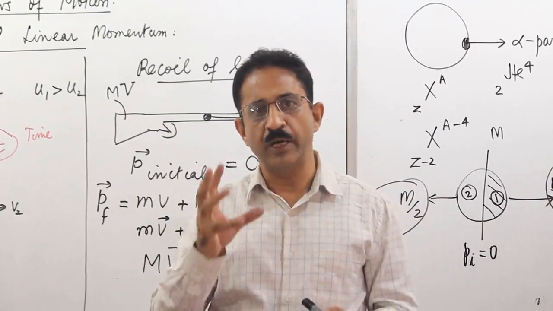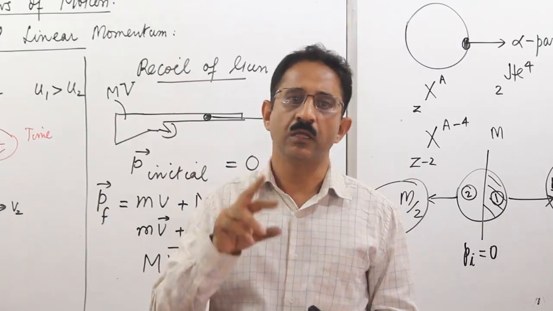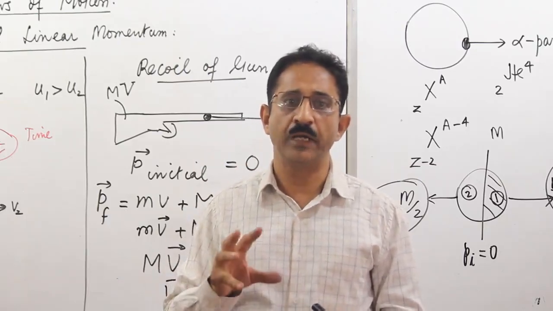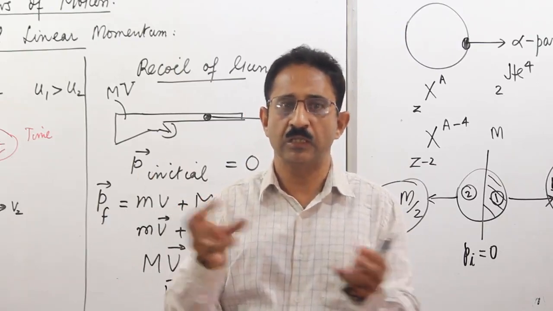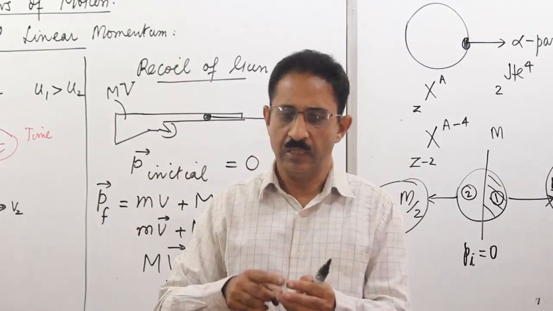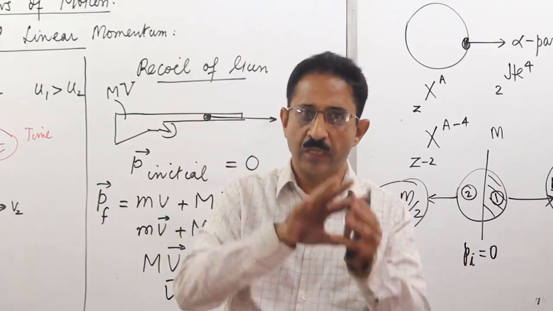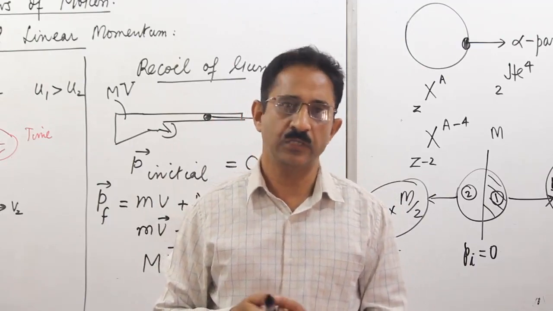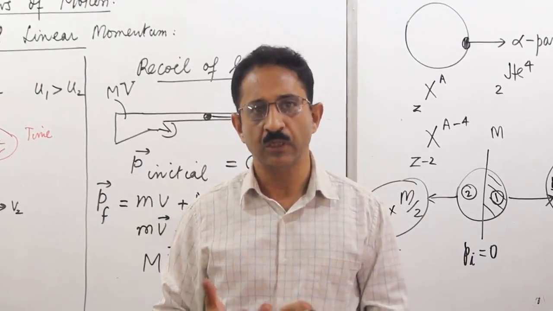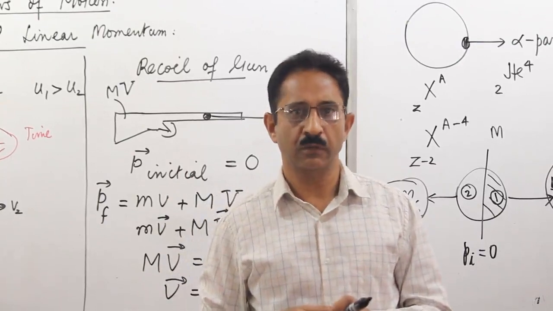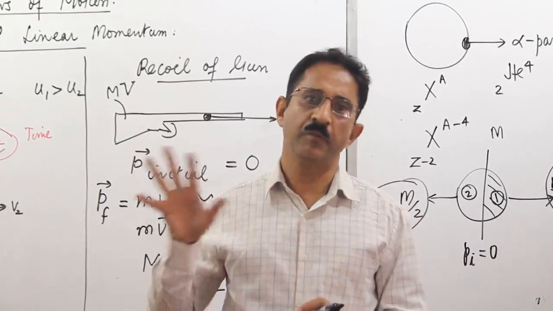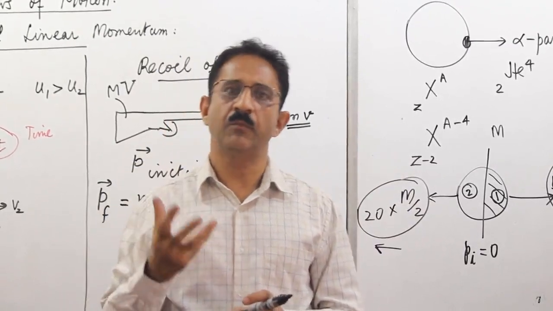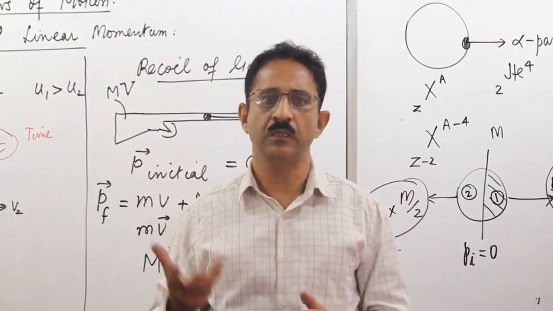For that case, you might have to bring in the law of addition of vectors, that is either the triangle law or the parallelogram law, to find out कि अगर 3 linear momenta हैं, एक इस direction में है, एक इस direction में है, एक इस direction में है, तो उनको कैसे add करना है. You have to adopt the parallelogram law of addition, या कहते हैं triangle law of addition. We will take that up during the solving of problems on this, but the principle remains the same. The law of conservation of linear momentum is applicable to any number of particles, be it n particles, 3, 2, 1, whatever.